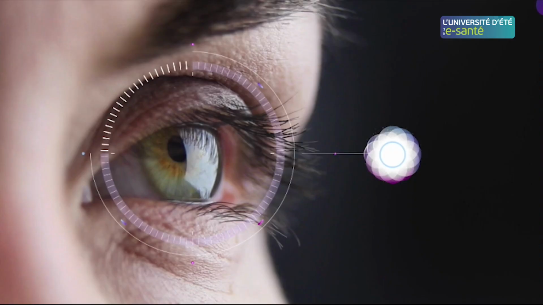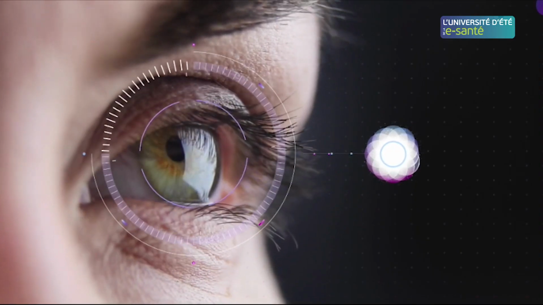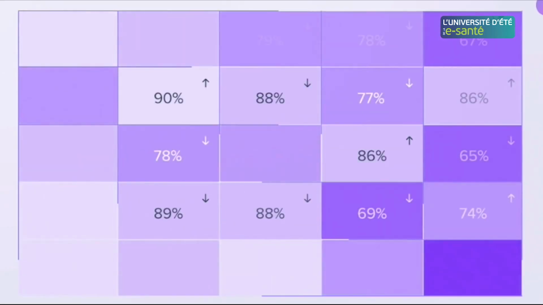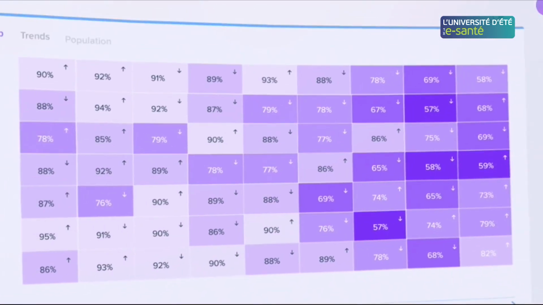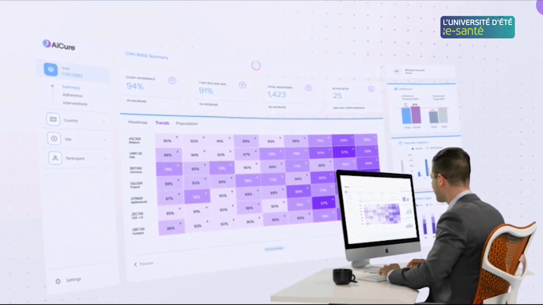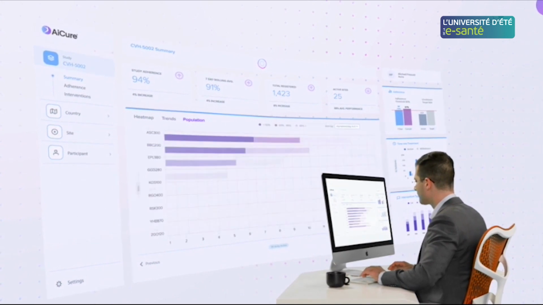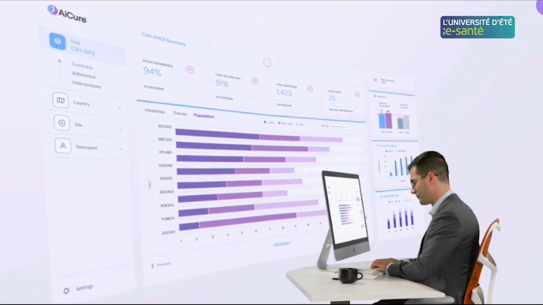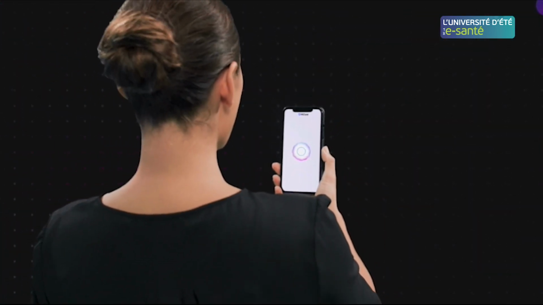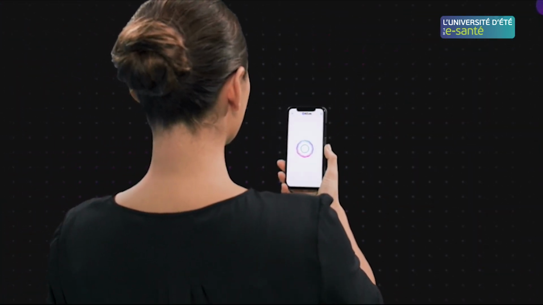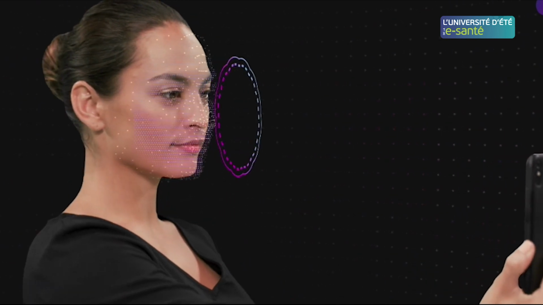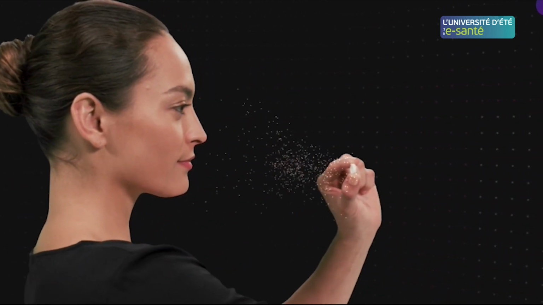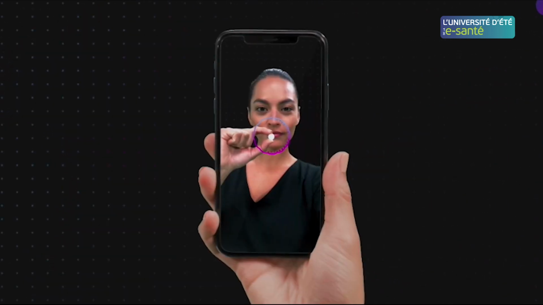Everyone responds differently to disease and treatment. At AI Cure, we're working to understand these differences. We believe our unique capacity to combine behavioral and biological responses will pioneer a brand new field in medicine, unlocking new therapies and benefiting all patients. We developed IMA, an interactive medical assistant that uses computer vision and neural networks to assist patients and ensure they receive treatment. By engaging with patients every day, IMA can see, hear, and understand how patients are responding.